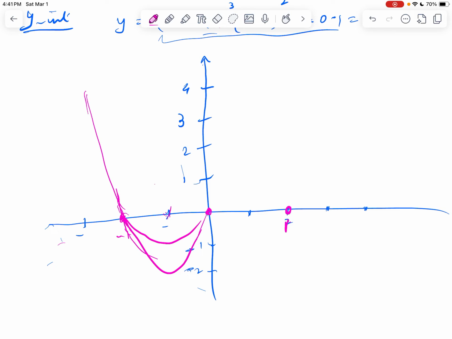Sorry, not -1. This will be -1/2. Right? This will be -1/2. Yeah. So now you do that. But remember, you have to be like this over here.